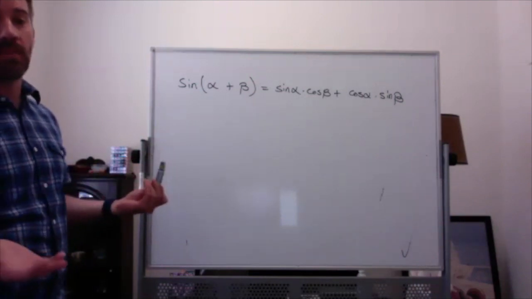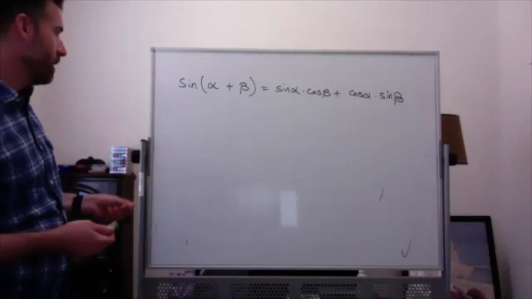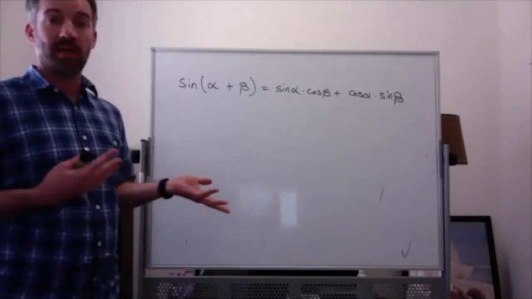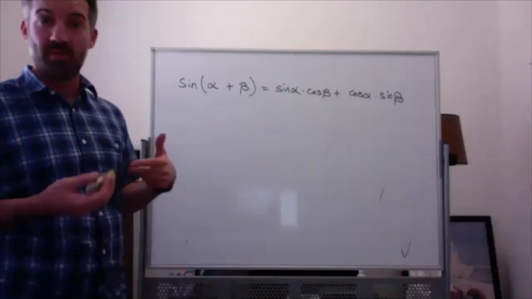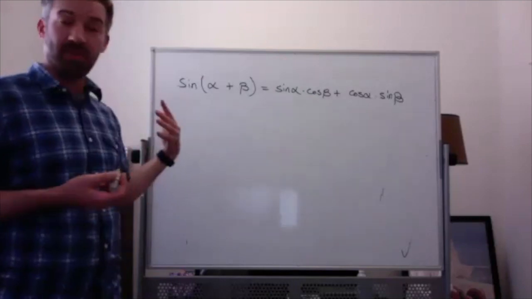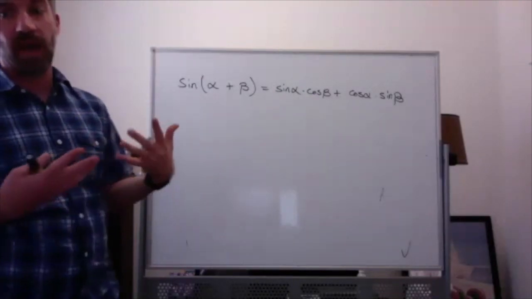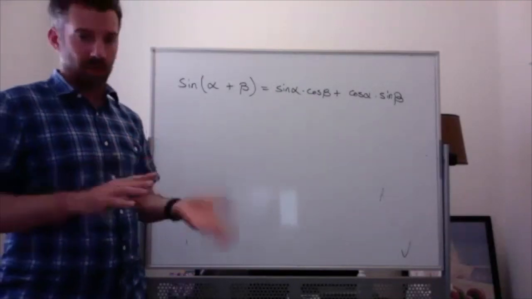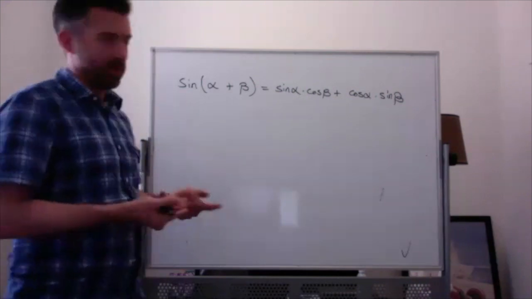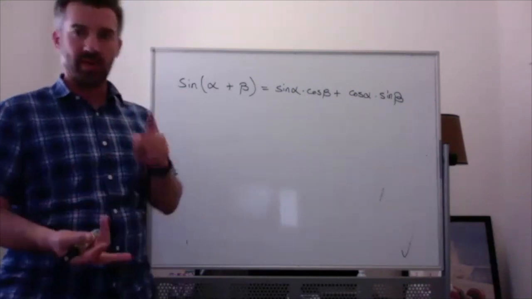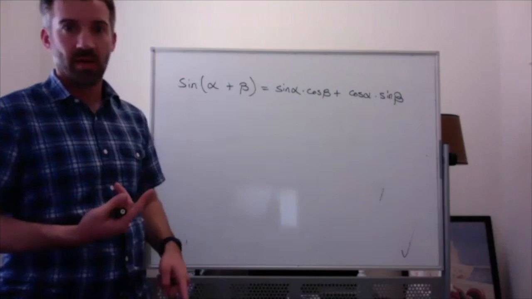And the neat thing about this, which you will see tomorrow, is that this is going to allow us to actually evaluate the trig functions of some new angles. So for now, without a calculator, we've only really been able to do angles like 30 degrees or 45 degrees or 60 degrees or 90 degrees.